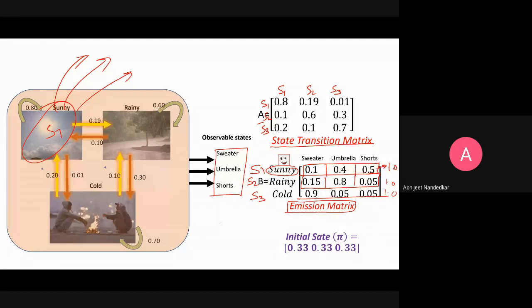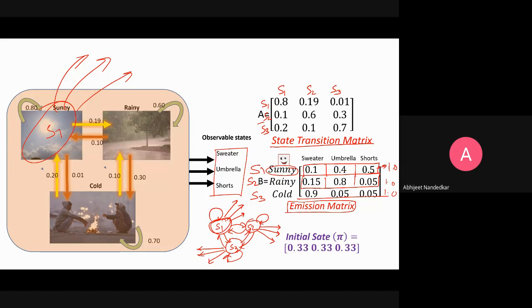Why is it called emission? Because say this is my S1, S2, and S3, and I am doing these transitions. Whenever I am at S1, I can emit different symbols. Whenever I am at S2, I will emit different symbols, say three symbols.